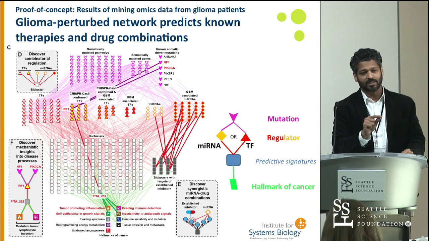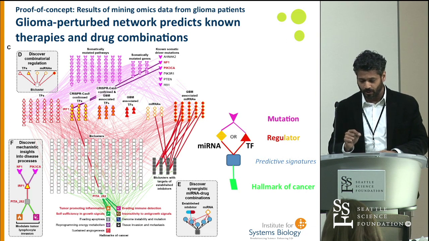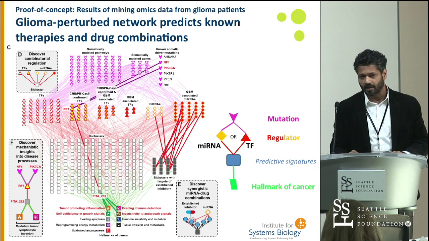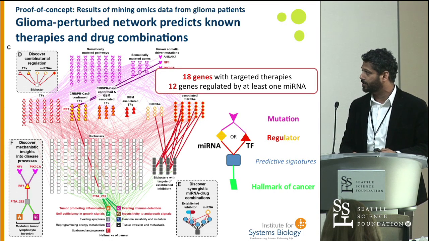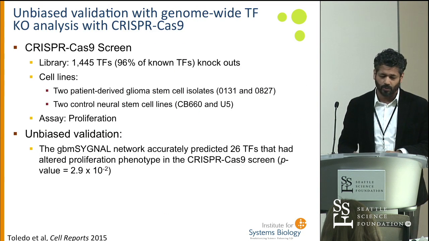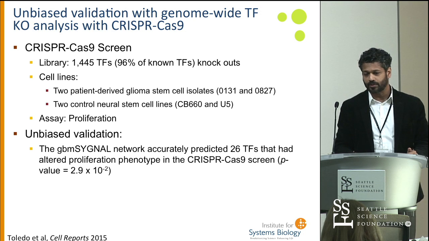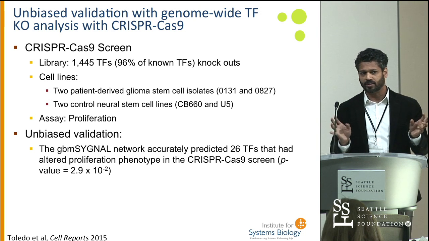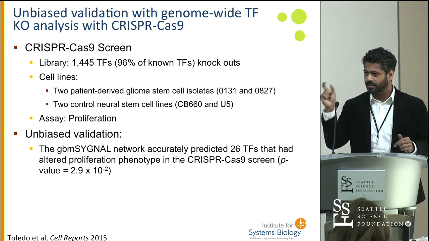We can take the patient's stem cells and look for a very specific phenotype. And we then worked with Patrick Patterson at the Fred Hutch Cancer Center to do an unbiased validation, where he used CRISPR-Cas9, which is this hot new technology to make targeted chromosomal lesions.